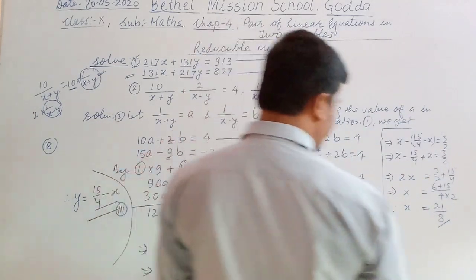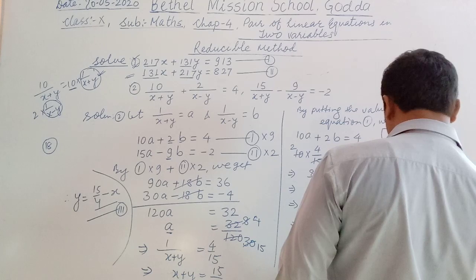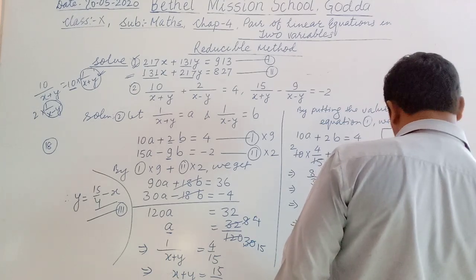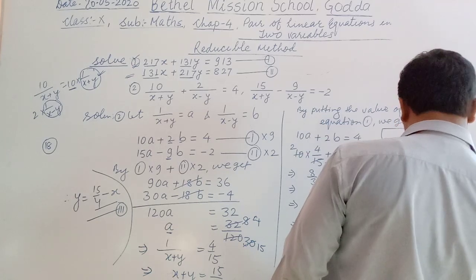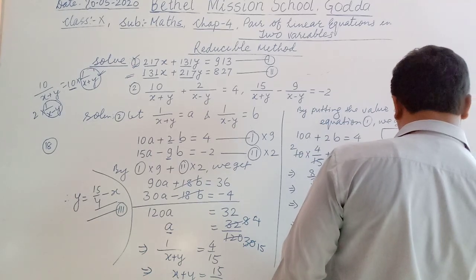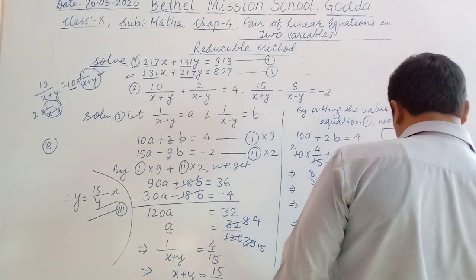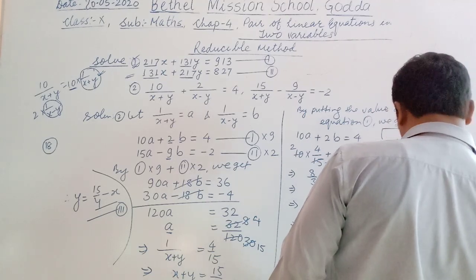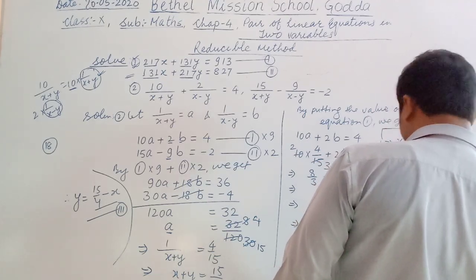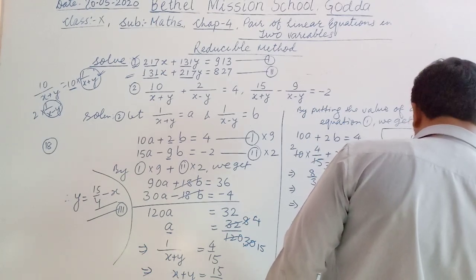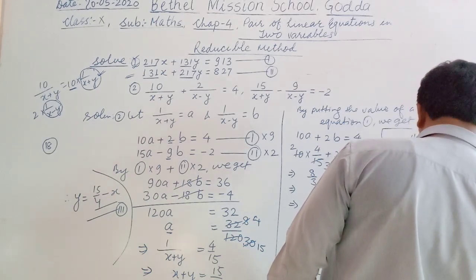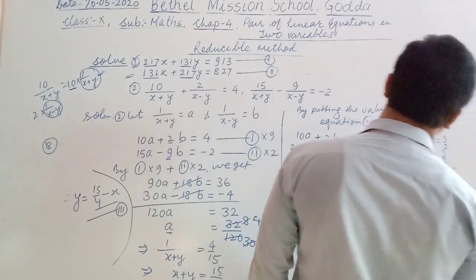Then we will find the value of y from equation 3. From equation 3 we get y equal to 15 upon 4 minus x, so 15 upon 4 minus 21 upon 8. Now we will find the value of this.